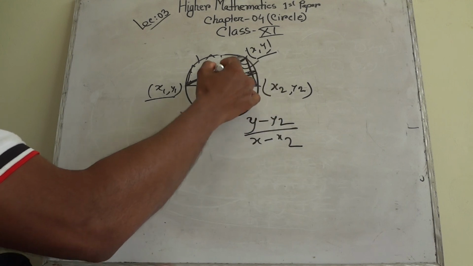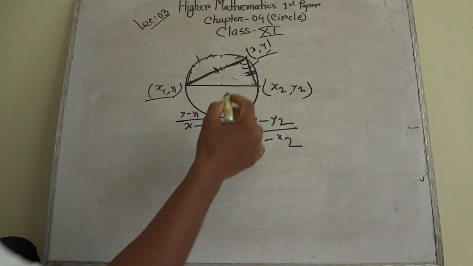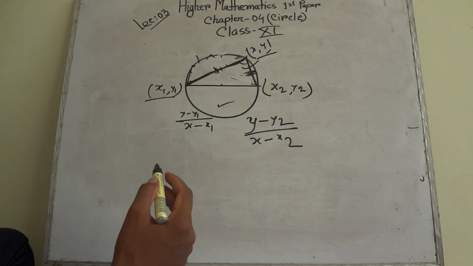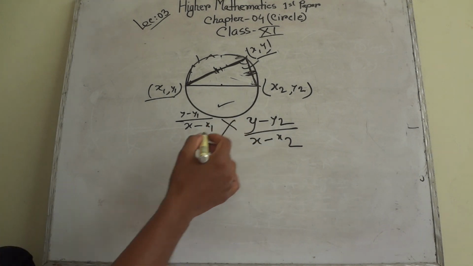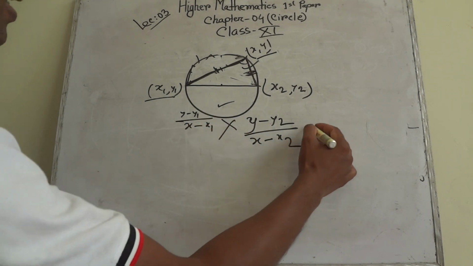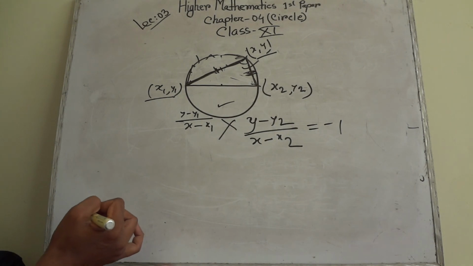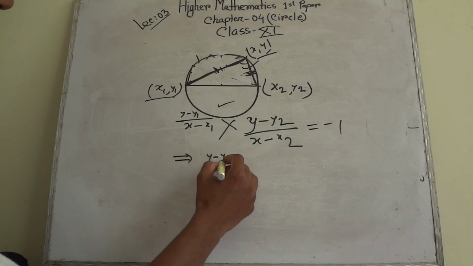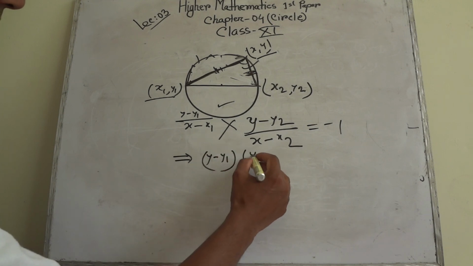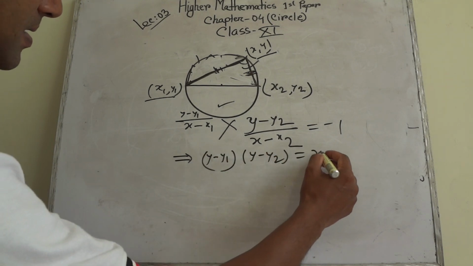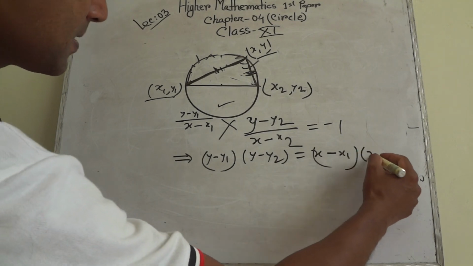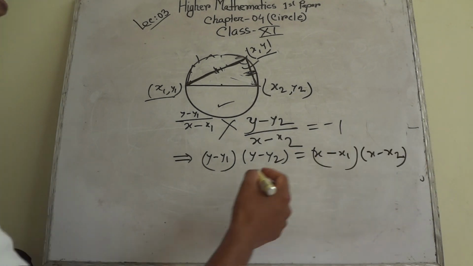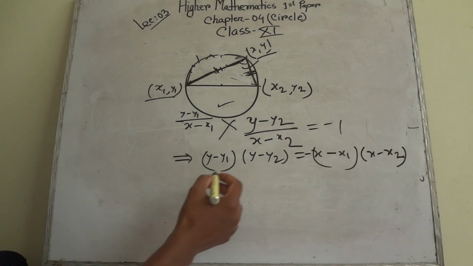As this and this are perpendicular. Why? Because this angle is equal to 90 degrees. So the product of these two slopes, that is this into this, we can write as minus 1. Okay, now cross multiplication. (y minus y1) into (y minus y2) equal to minus (x minus x1) into (x minus x2). Sorry, here it will be minus.